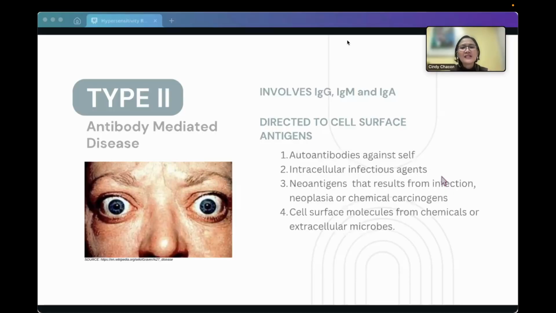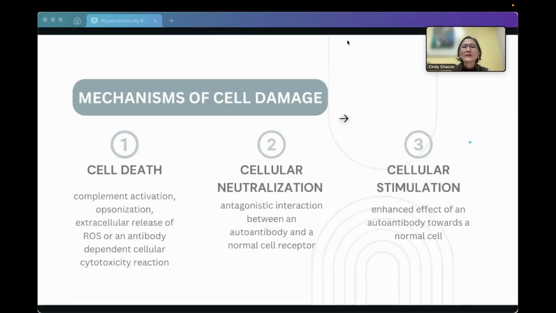These antigens found on the cells may be autoantibodies against self. They may be intracellular infectious agents. They may be neoantigens that result from infections, neoplasia, or chemical carcinogens, or they can be cell surface molecules from chemicals or extracellular microbes. This type of reaction causes tissue damage via three mechanisms.